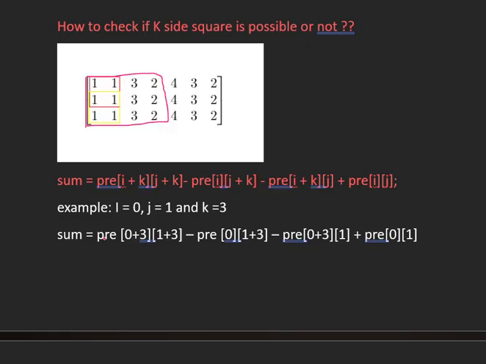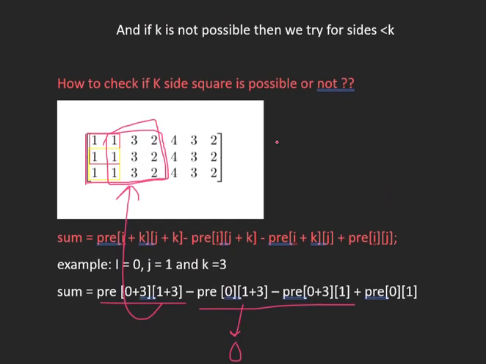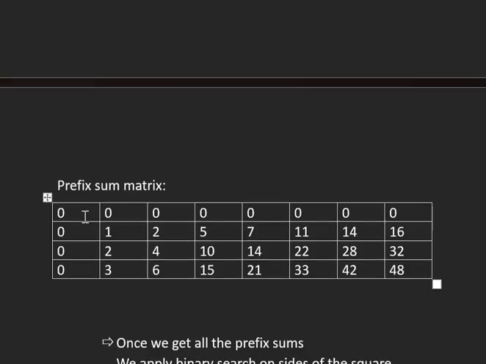But we need only this one, so we have to subtract the extra sum that we have calculated. For that we will subtract this part. Prefix of 0 comma 4 will be 0 only. If you see in the prefix matrix, all the 0 rows and 0 columns values are 0 only.